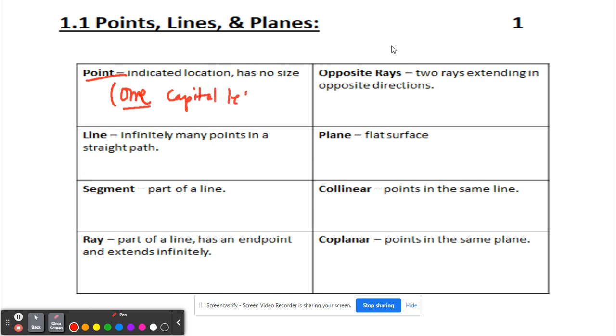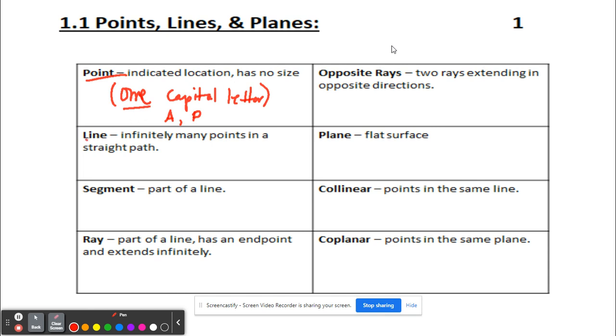So if they're talking in a sentence and it says A, it's talking about point A, or P, it's talking about point P. So points will always be one capital letter, only one, don't use more than one.